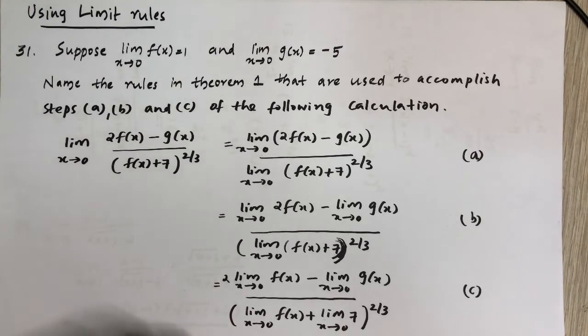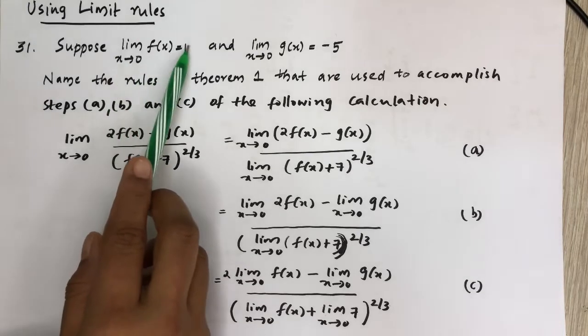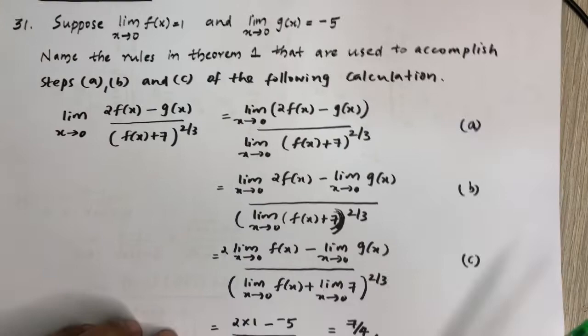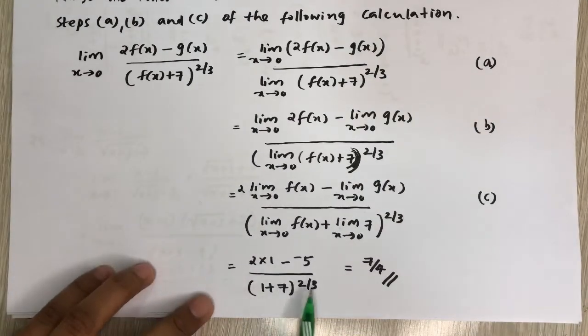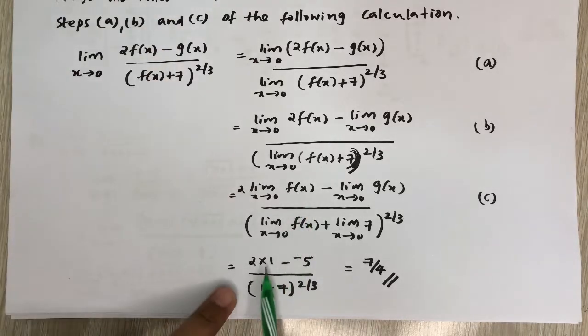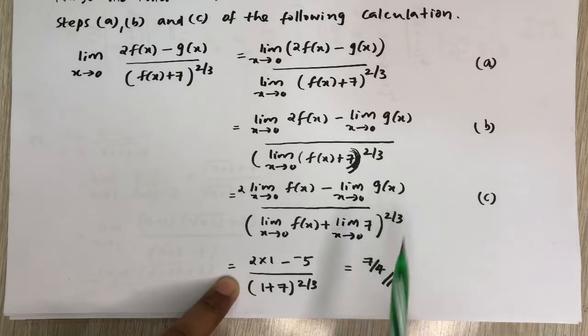Next step, in the question it is already given that the limit of f(x) is equal to 1 and the limit of g(x) is equal to minus 5. So last substitution: instead of the limit of f(x), substitute 1, and instead of the limit of g(x), substitute minus 5.